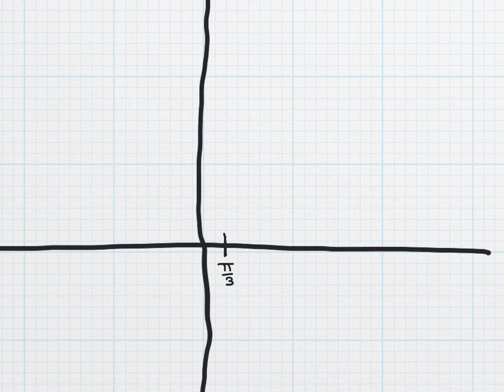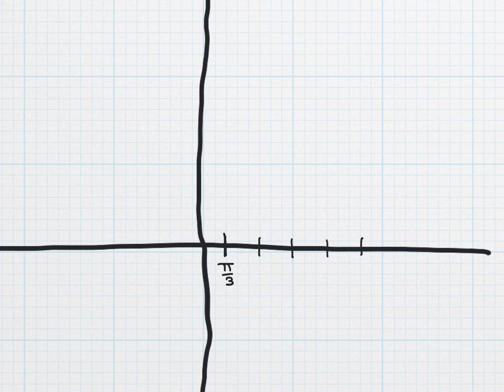Now, I need to be able to label my points along my x-axis, and they're all going to be spaced out 90 degrees apart. So again, if I let each square represent 30 degrees, I'm going to put 3 squares in between each one of the points that I'm going to graph. So I need to get 4 points for each cycle: 1, 2, 3.